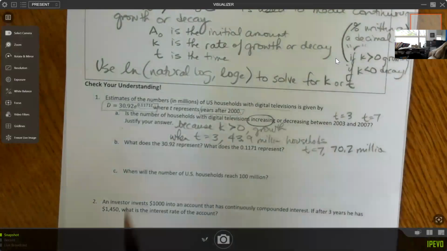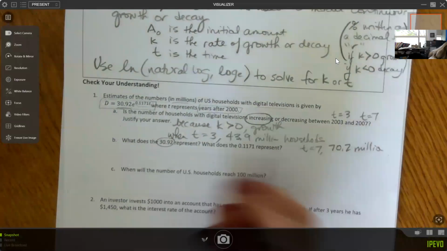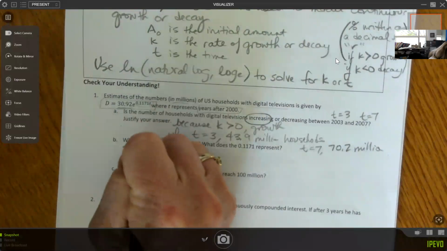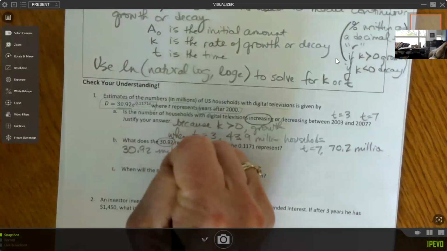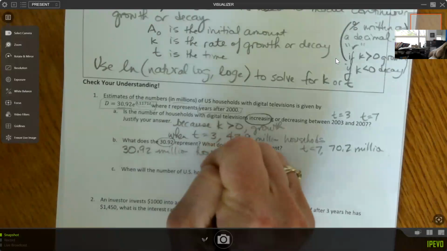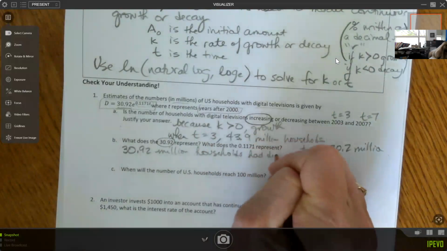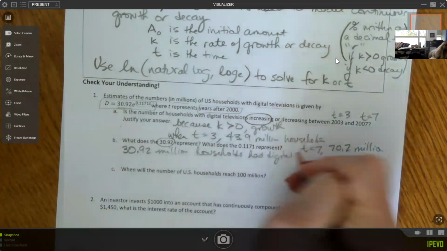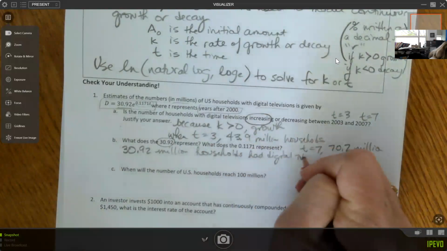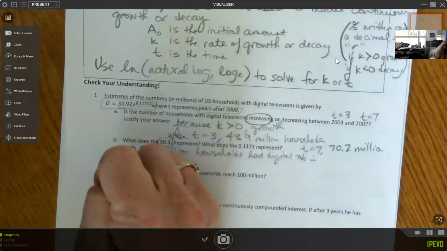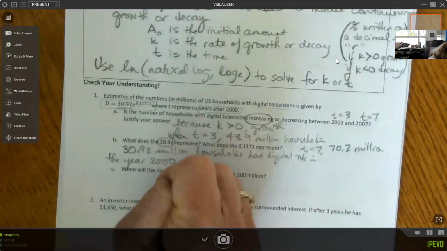So what does the 30.92 represent? That's the 30.92 million households that had digital TVs in the year 2000. That's when time was 0.